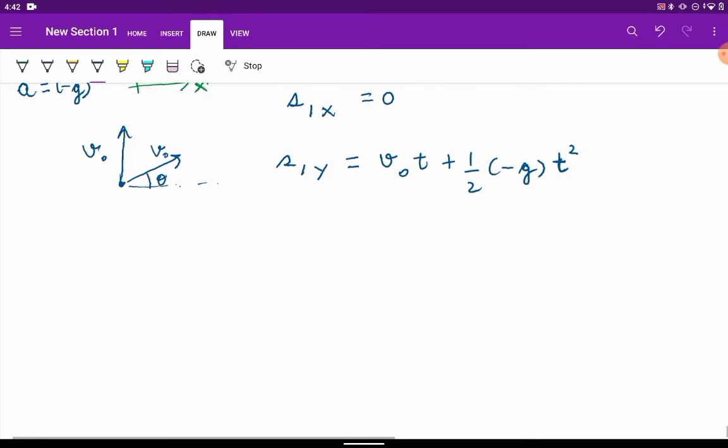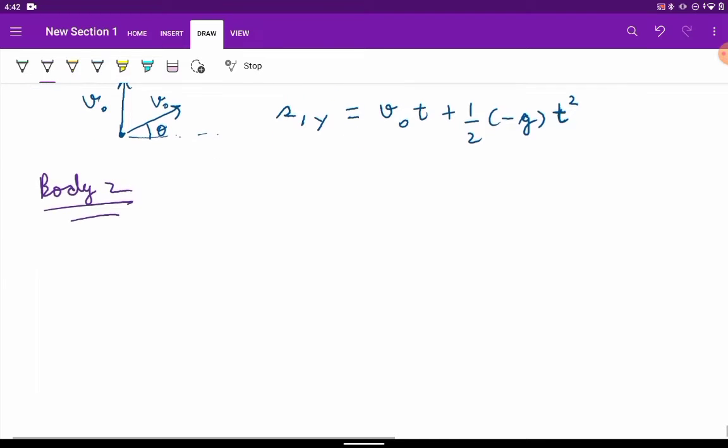All right. Now if we consider body number 2, it has two components of velocity, one in the horizontal and one in the vertical.